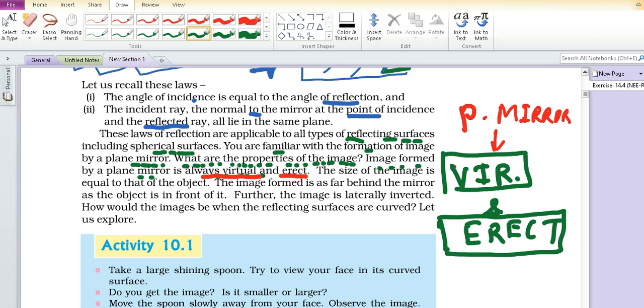If it is erect, this is the same like that of the object, so it is as straight as that of actual object or real object. So the plane mirror किस प्रकार का इमेज फॉर्म कर रहा है? वर्चुअल और इरेक्ट, सीधा इमेज बना रहा है. ठीक है.